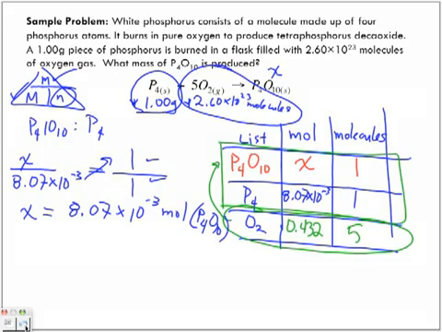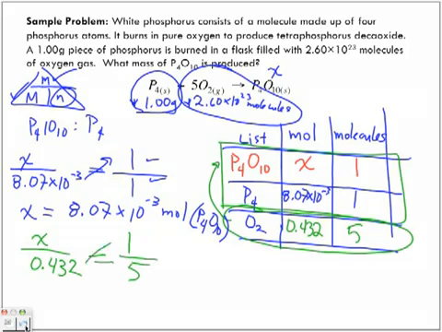Okay, so now let's find out the amount of oxygen. When we're using that many moles of oxygen, how many moles of the tetraphosphorus decoxide are we going to produce? So we have, again, X moles of tetraphosphorus decoxide over 0.432 moles of oxygen equals 1 molecule over 5 molecules.